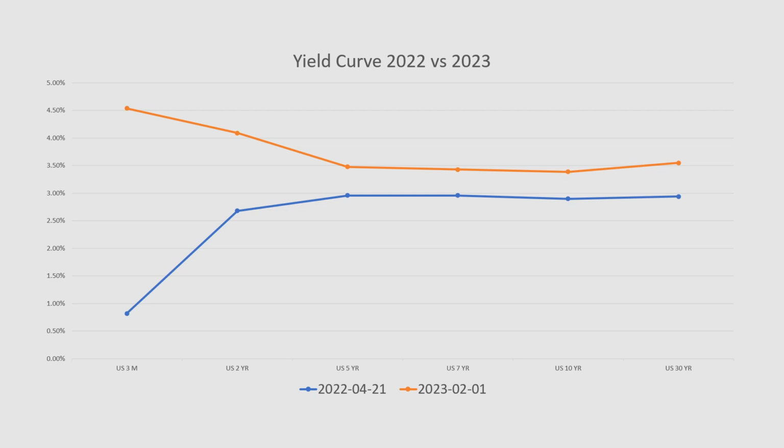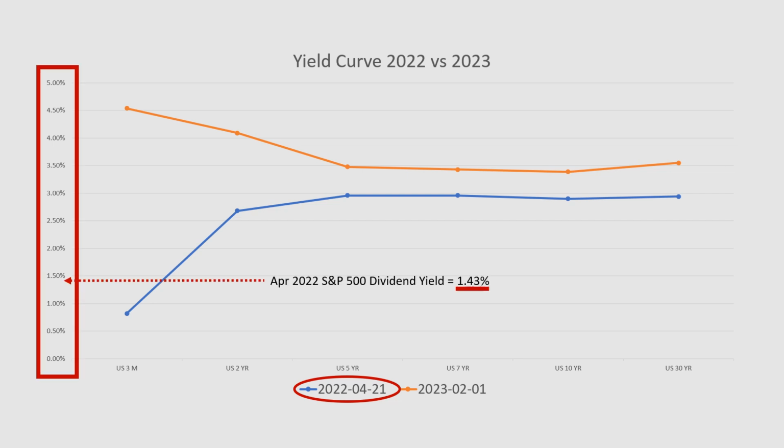As an investor, you want to move your money to where you can get the best return. In April 2022, S&P 500 stocks paid about 1.43% dividend on their stock prices. This was higher than the short-term 3-month bond interest rate at the time, which paid less than 1%.